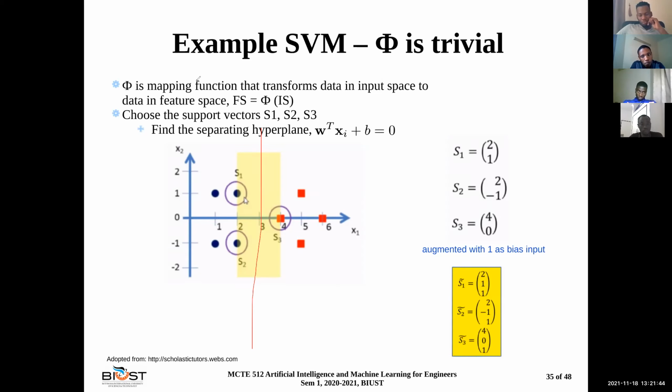Okay, I think Mr. Chepo, you're looking at something. Can you repeat what I'm saying? Come on, you're looking at something down there. You're not looking at your screen. Can you repeat what I'm saying? Why is the phi or the kernel function trivial in this case?